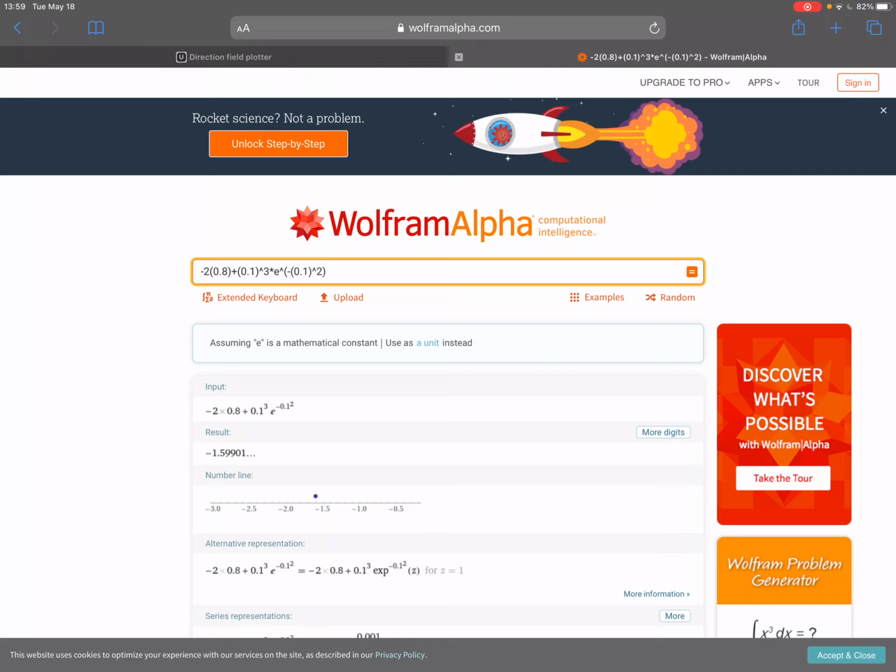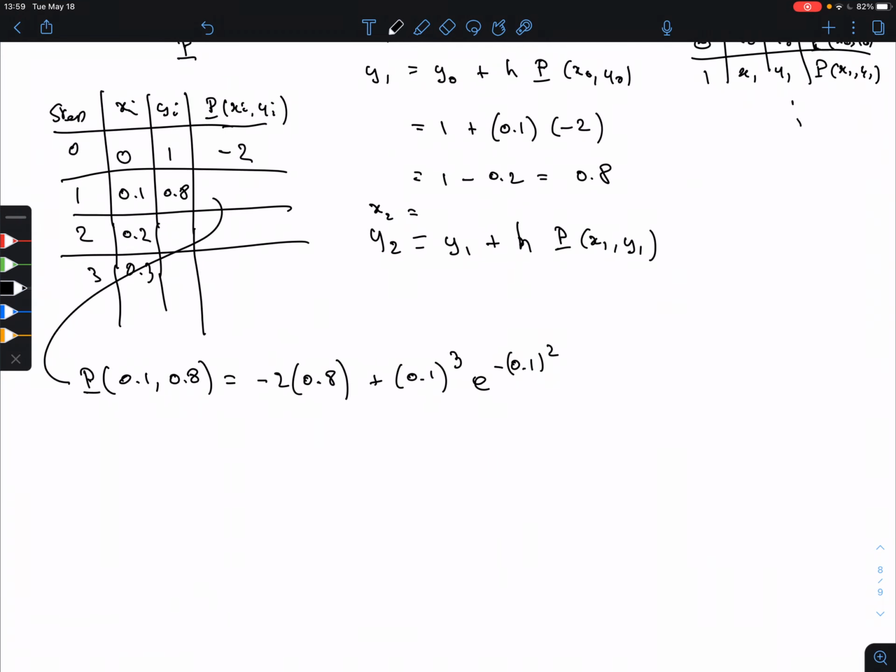So it's interpreting it correctly. Rounded, it's about minus 1.6. Let's say it's minus 1.6. Okay, going back. So we know now that this is minus 1.6.